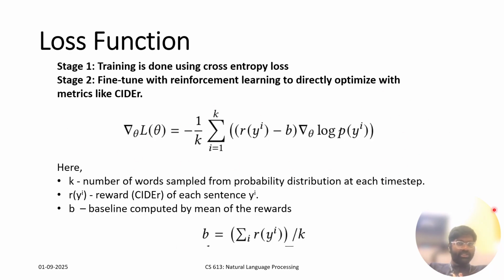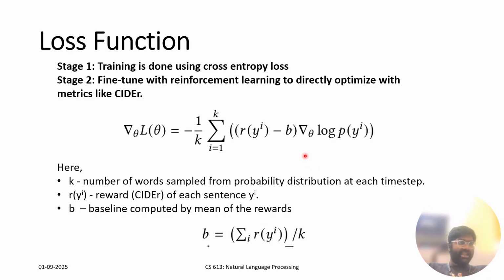In this, the key terms are: K is the sampled words at each step, r(y_i) is the reward, here CIDEr, for each sentence y_i, and b is the average reward baseline calculated by computing the mean of rewards. The significance of the baseline is to reduce the variance of the gradient estimate.